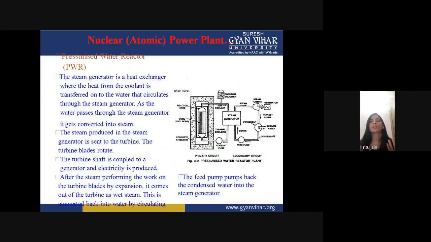After the steam performs work on the turbine blades by expansion, it comes out of the turbine as wet steam. This is converted back into water by circulating. The feed pumps push the condensed water back into the steam generator. So this is all about the pressurized water reactor.